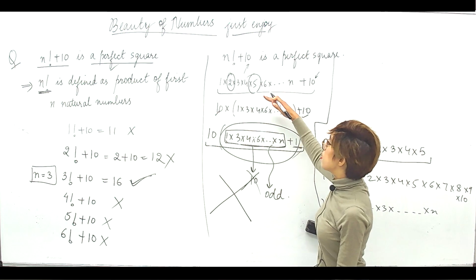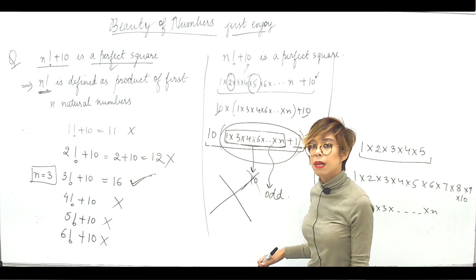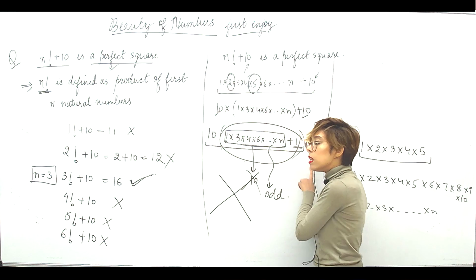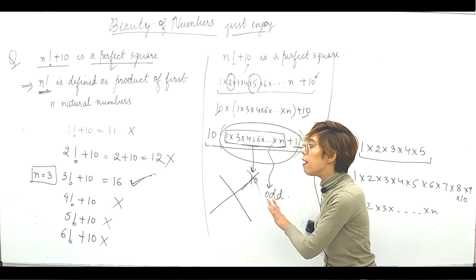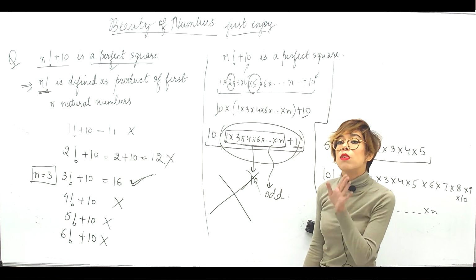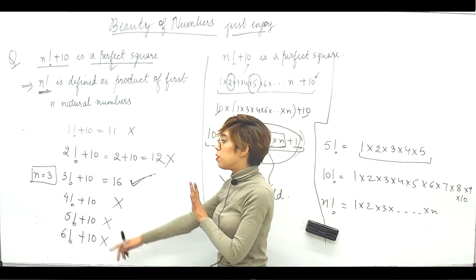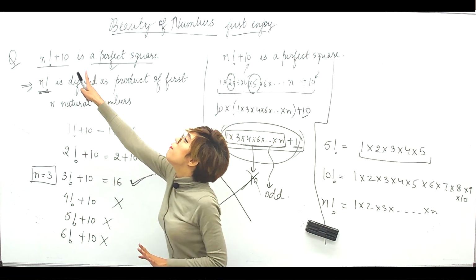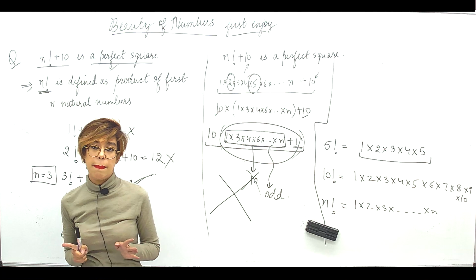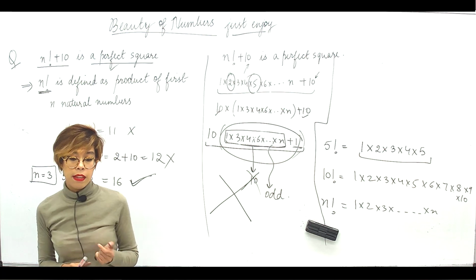From here onwards I am trying to search for the value of n, but this will create a problem. So I can say further on I will not get any other n. So only for n equal to 3 will I get n factorial plus 10 as a perfect square.